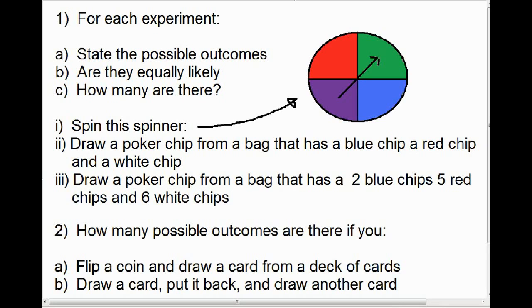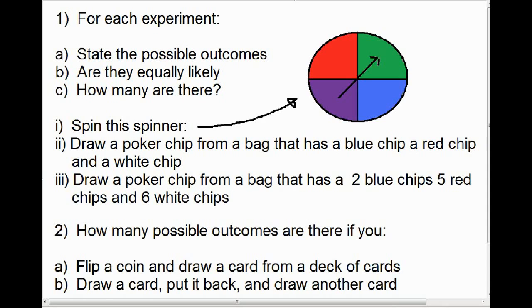And then the third one, draw a poker chip from a bag that has 2 blue chips, 5 red chips, and 6 white chips. Now, with that last one, it's pretty obvious that's not a fair experiment. Try to figure out how you can make it a fair experiment. How many possible outcomes you would have to say there are in order for that to be a fair experiment.